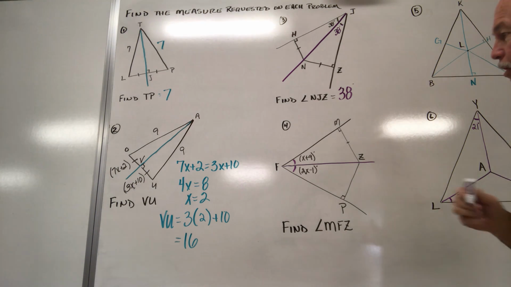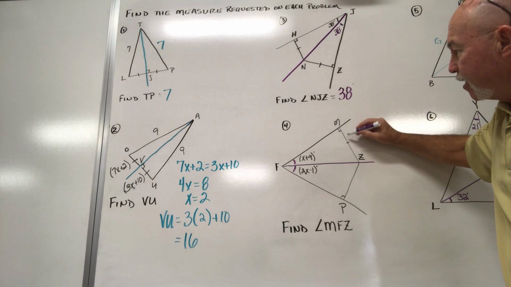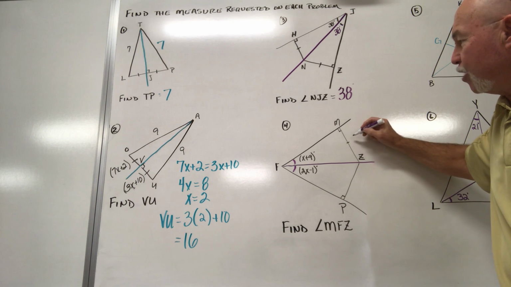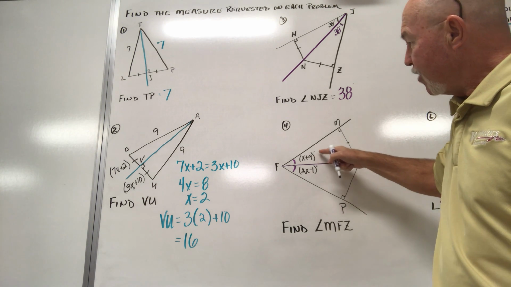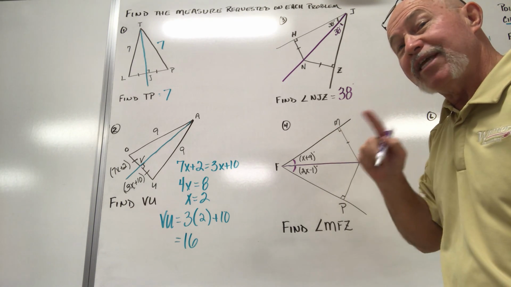Down here, once again, these being equal tell me that they are on the bisector. So, that means these two angles are equal to each other.